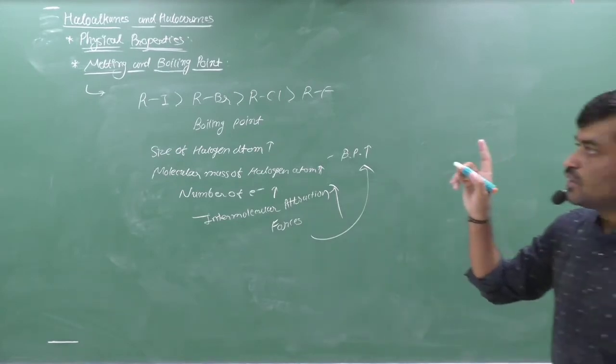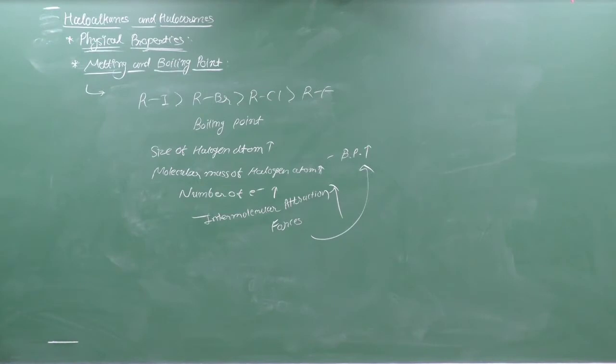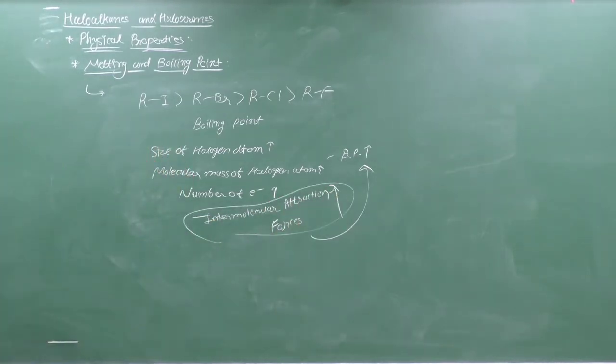So remember that if R is the same, the highest boiling point is of RI, then RBr, then RCl and then RF. Clear?